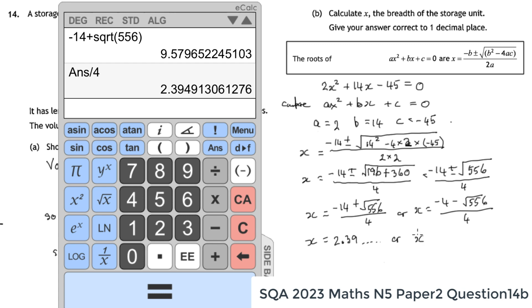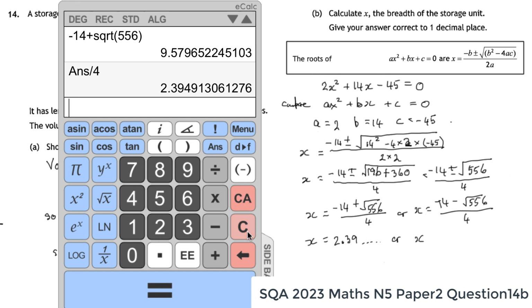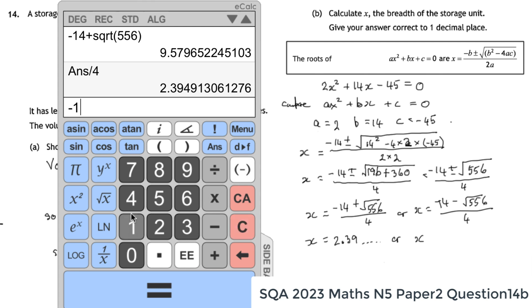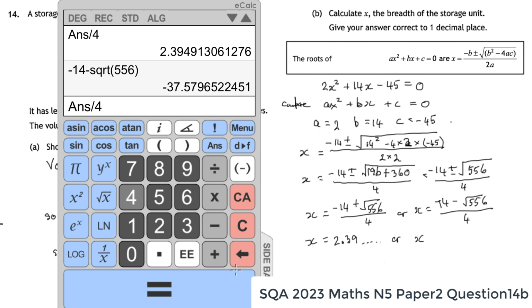Or the alternative to that is negative 4. Oh, negative 14. Mistake there. So negative 14 minus, this time, square root of 556, and it's the whole of that divided by 4, so I'd better work that out first and divide that by 4.